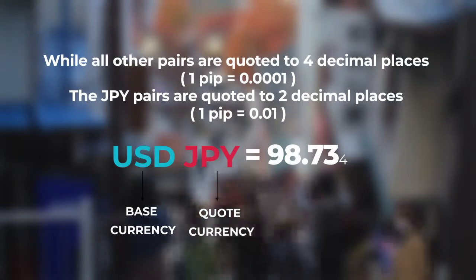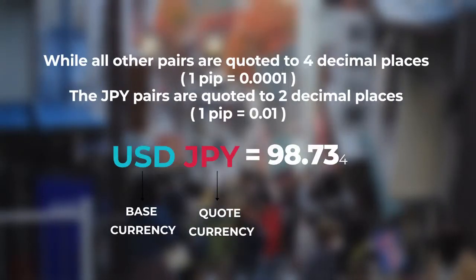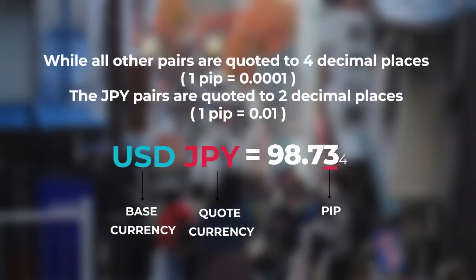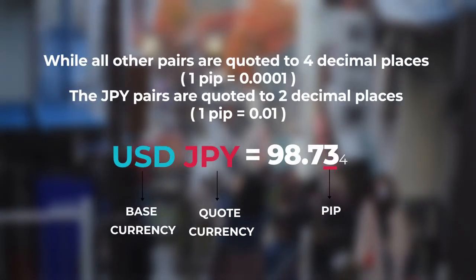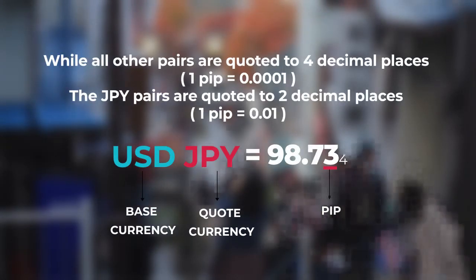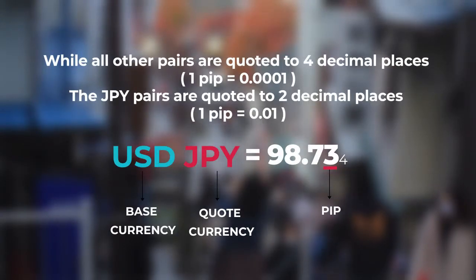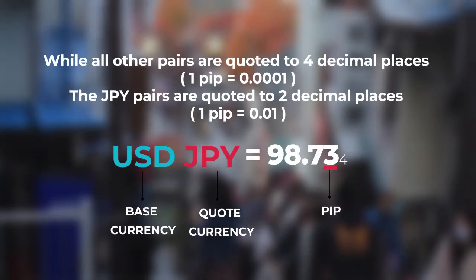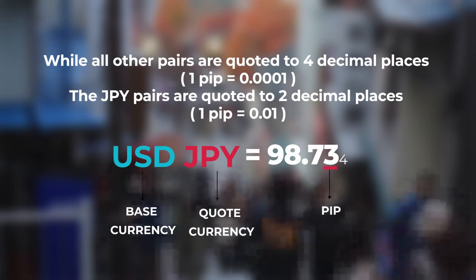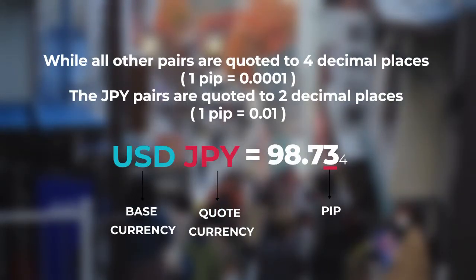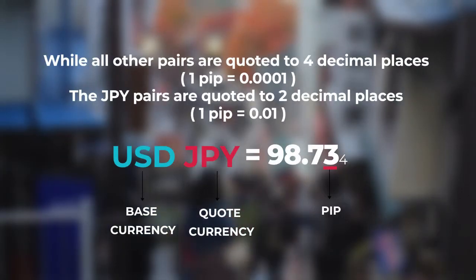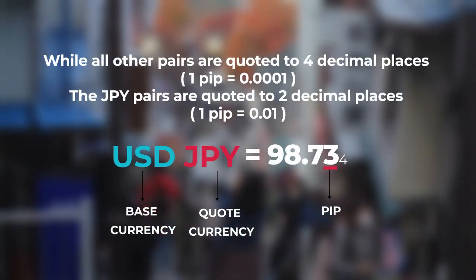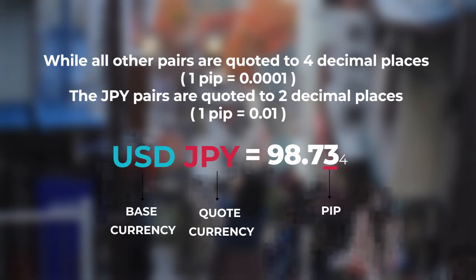And again, the second decimal place is a pip. So it goes from 98.73 to 98.74. The dollar yen has gone up by 1 pip. If it goes from 98.73 to 98.84, it's gone up by 11 pips, and 98.73 to 98.72 has gone down by 1 pip.